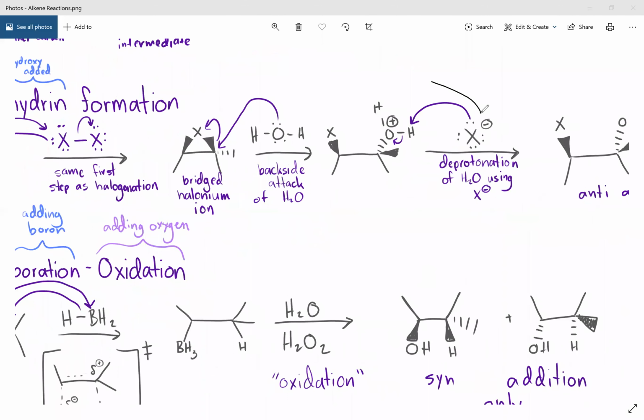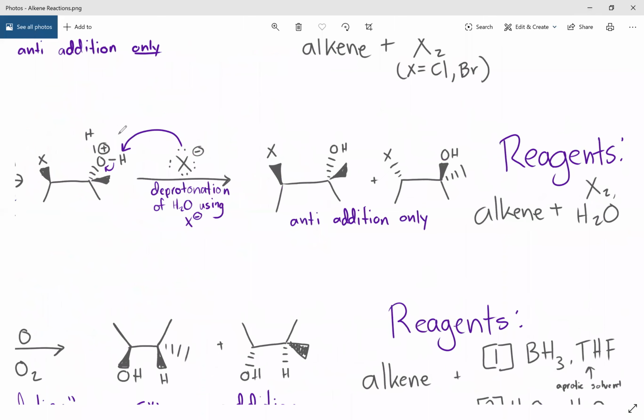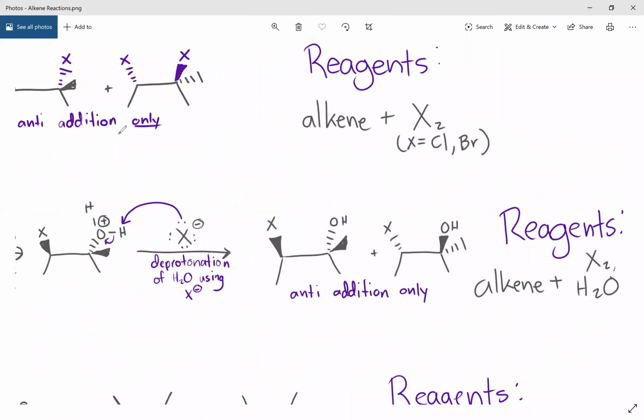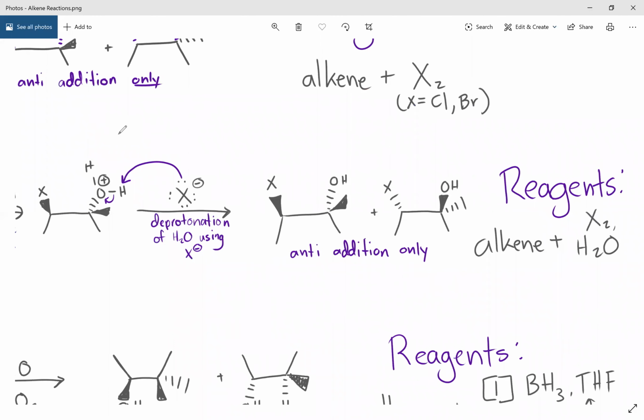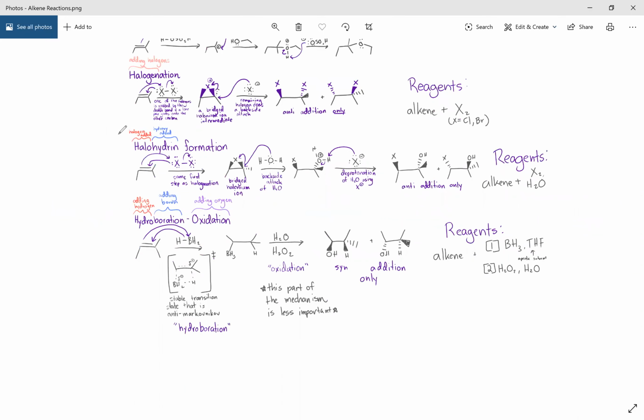This halogen right here is the same as this halogen right here. So that's where we got it from. Then we end up with the anti-addition of X and OH. And again, since we have a halonium ion intermediate, we're going to have only anti-addition. Okay? And the reagents that we use for this are the same as the reagents for halogenation, except we also add water. All right. So now let's go.